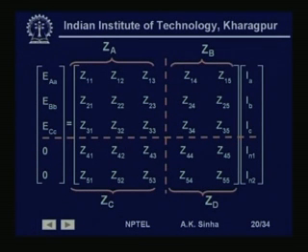Now, if you write the complete system equation for the voltages across the line conductors, then we will have the voltages E_AA, E_BB, E_CC, that is the voltage across the 2 points of the phase A conductor, phase B conductor, and phase C conductor. Similarly, for the neutral conductors, since they are grounded, these voltages will be 0.